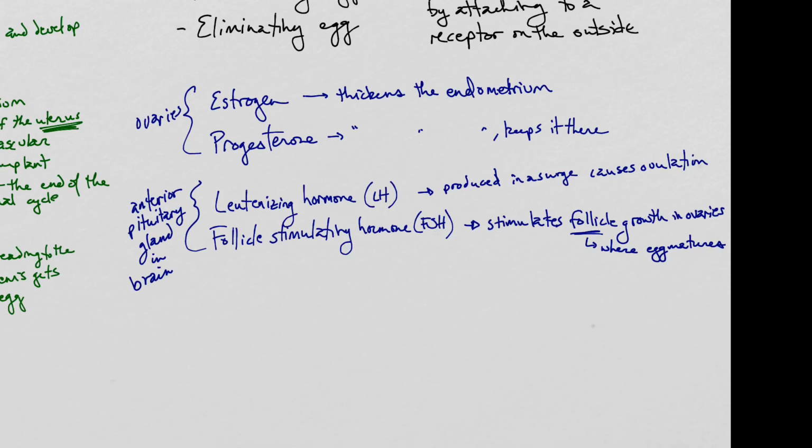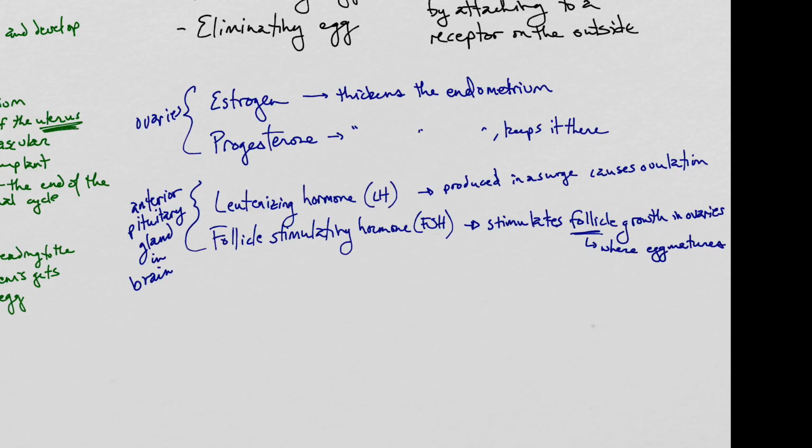Now, these hormones work together in a very, very specific way that we are going to pick back up on in a couple of days. But hormones work in these really interesting sets of cycles where the presence of one will inhibit the other. And when that one goes away, then the other one is allowed to continue its job.